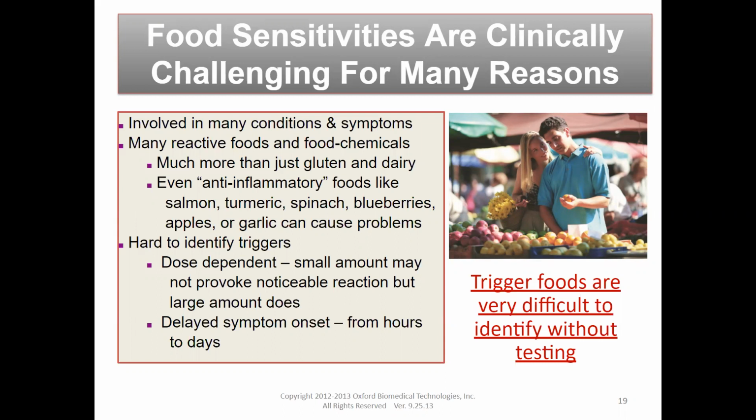It's hard to identify food sensitivity triggers because it's dose dependent. So a small amount may not provoke any reaction, but if you eat too much, it may. Another piece is delayed symptom onset.